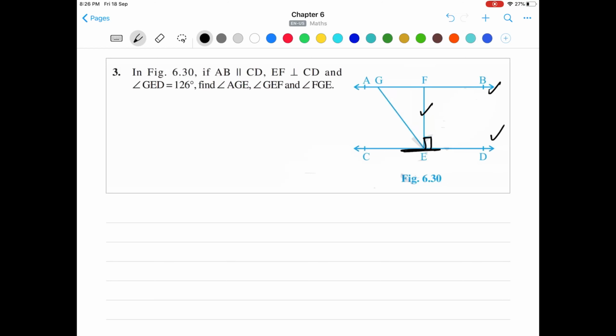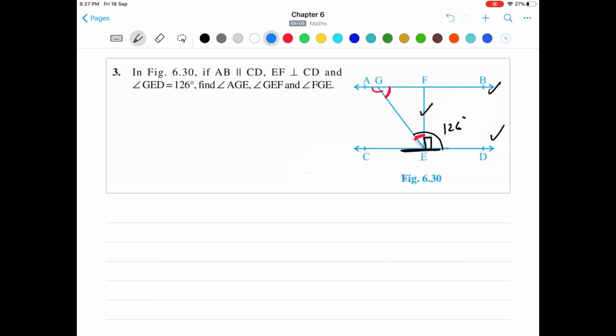Then angle GED, this complete angle, is 126 degree. We have to find three angles: angle AGE, angle GEF, and angle FGE.